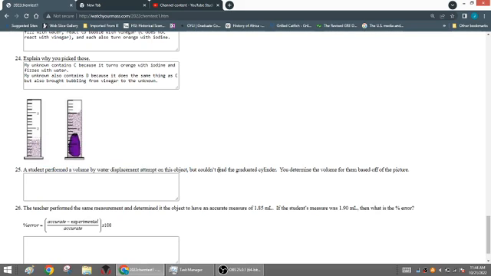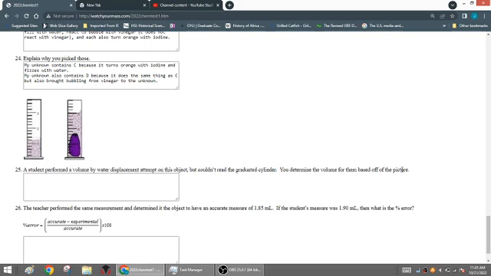If you drop an object in here, it's the before and after of the volume change that's going to allow you to tell the volume of the object.